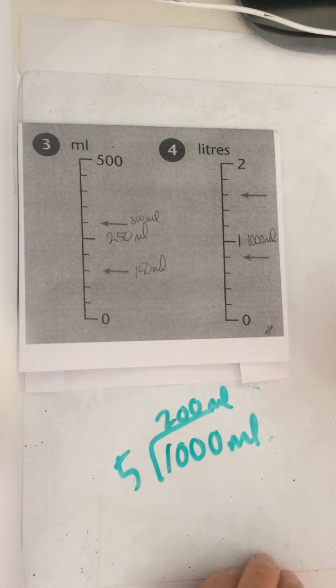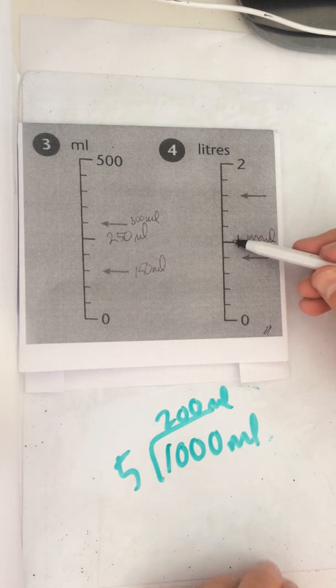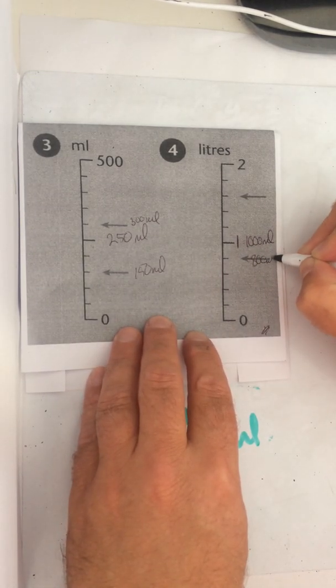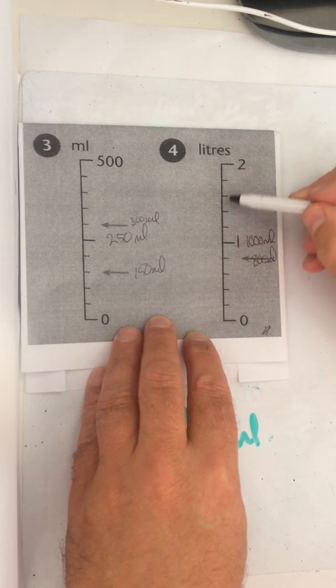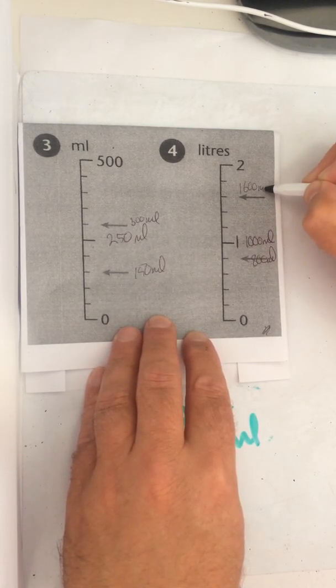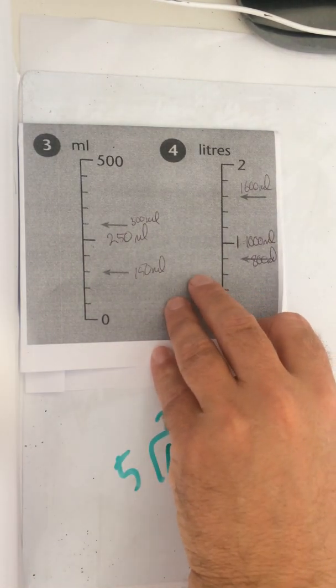Let me just check. 200, 400, 600, 800. Yes, 1,000. So that means this one is 800 milliliters, and then I've got 200, 400, 600. So that's 1,600 milliliters.